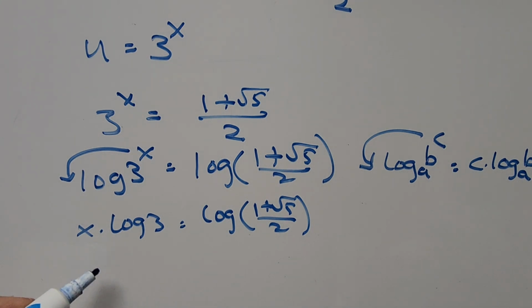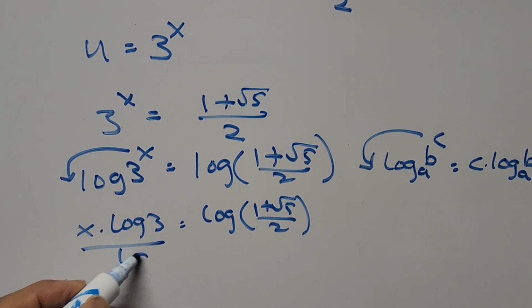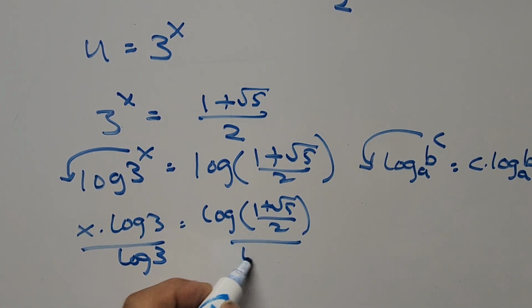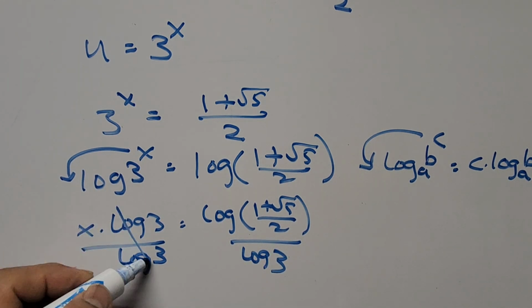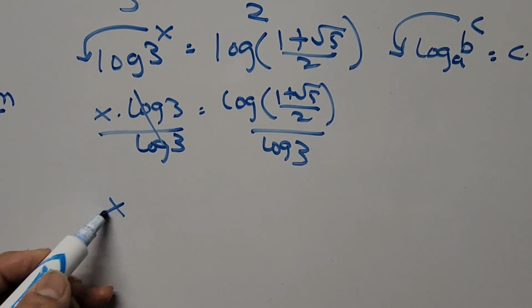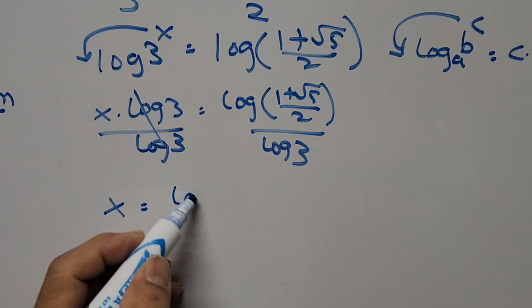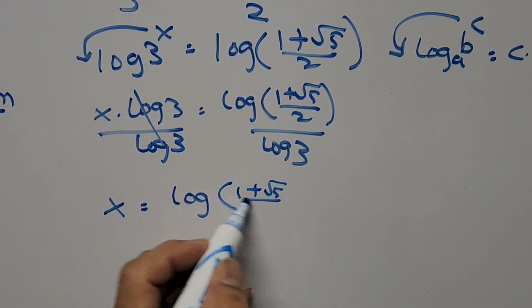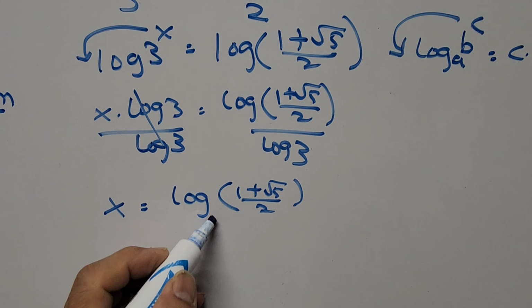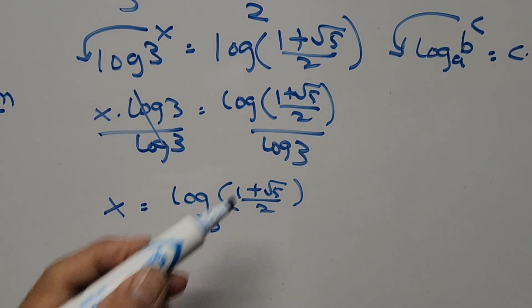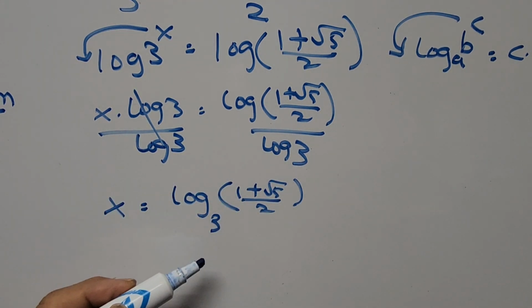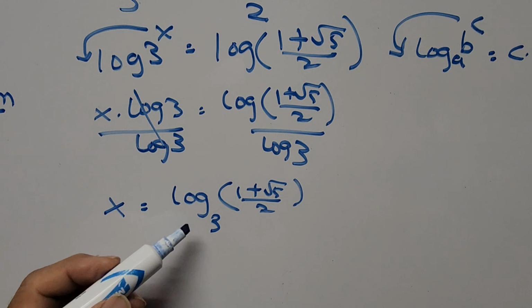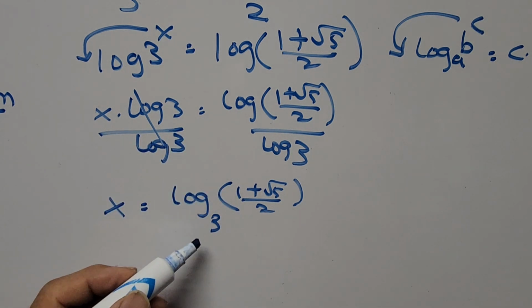Solving for x, divide both sides by log of 3. This one cancels, so we have x is equal to logarithm of 1 plus square root of 5 divided by 2 base 3. Since this is the denominator, we can express it this way also, so this way or this way, either way.